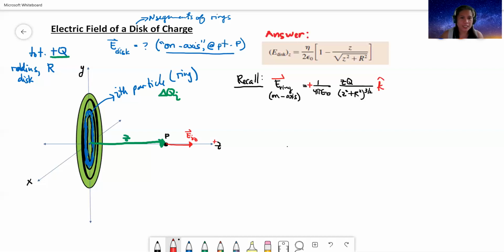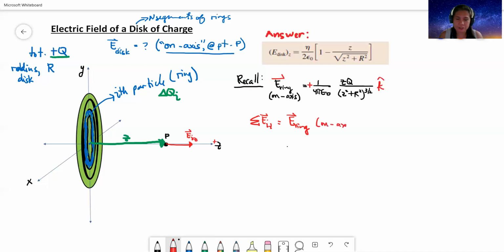So each ring has this electric field contribution. We will add all these Ei because of these other N segments of rings. So everything is just a summation of the Z. We can say in our definition that if we sum up all these components, E sub i z, this will now be the electric field of the ring on axis.